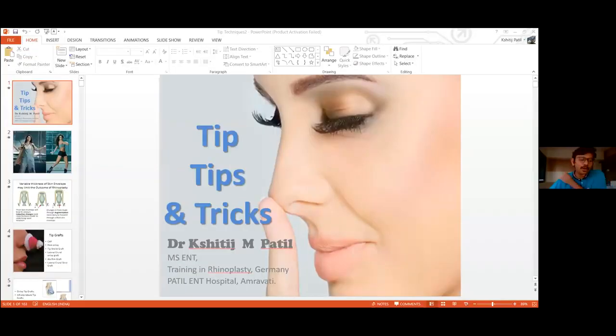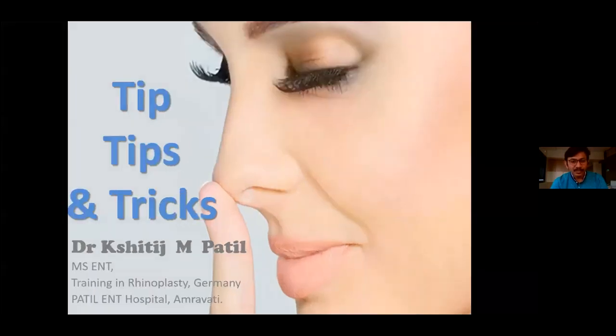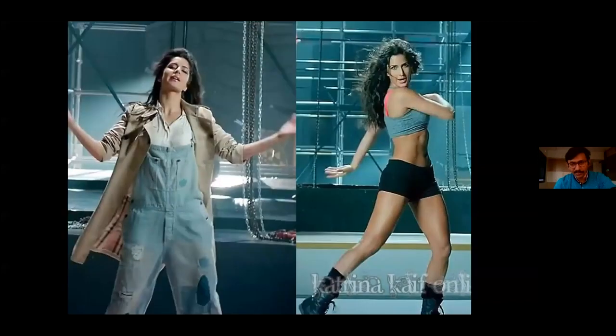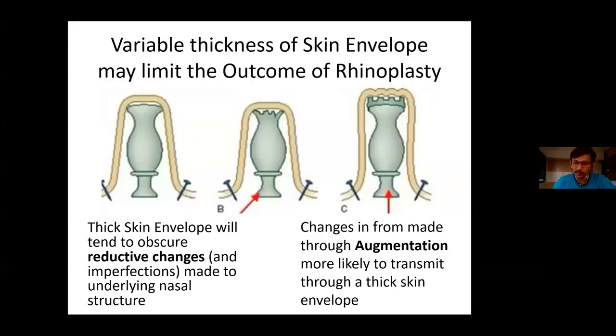So now we spoke about the tip sutures. Now we are coming to the tip grafts. So here I'm using Katrina, not because she has a beautiful nose, but the overcoat she's wearing hides all the curvature of a body, and the thick skin behaves in a similar way.